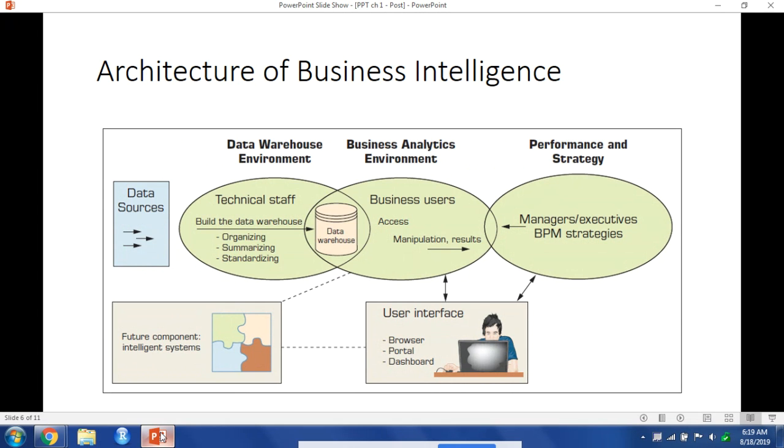The technical staff takes these streams of data and organizes the data into the data warehouse. So we have data coming in from the left. The technical staff here is going to build a data warehouse and then organize that data into the data warehouse.